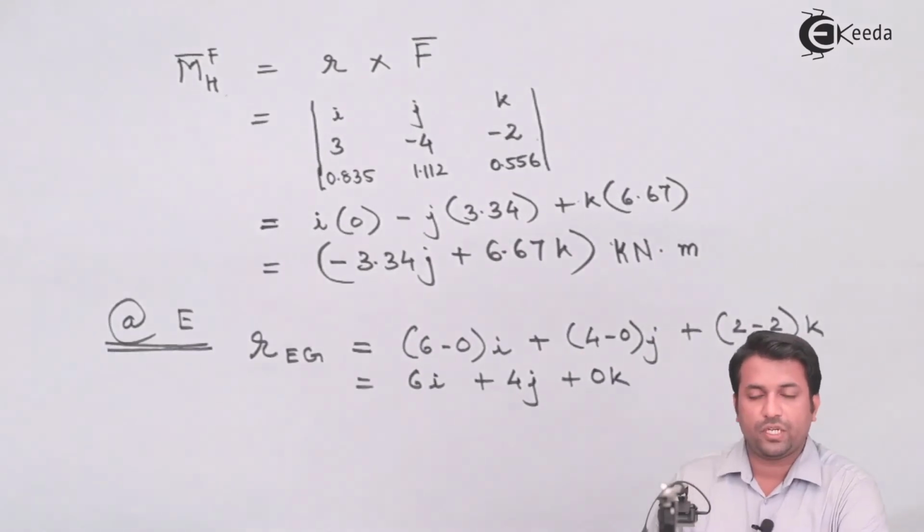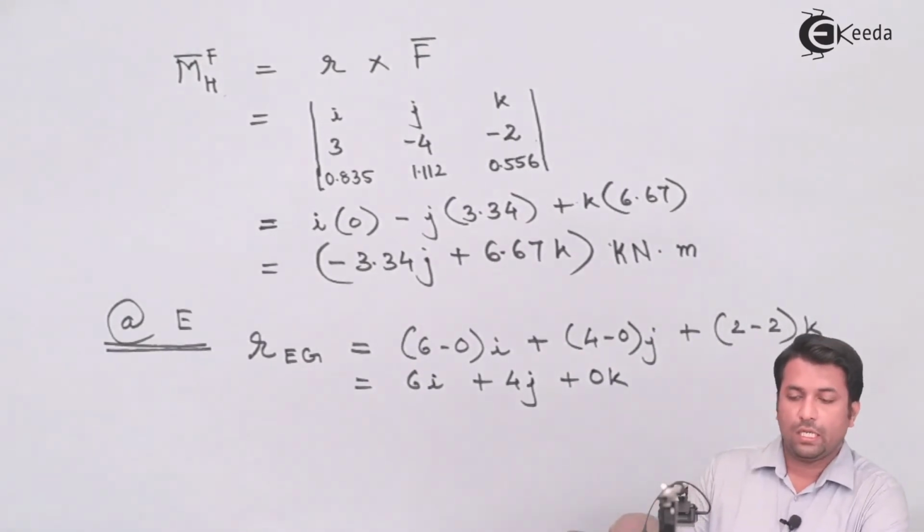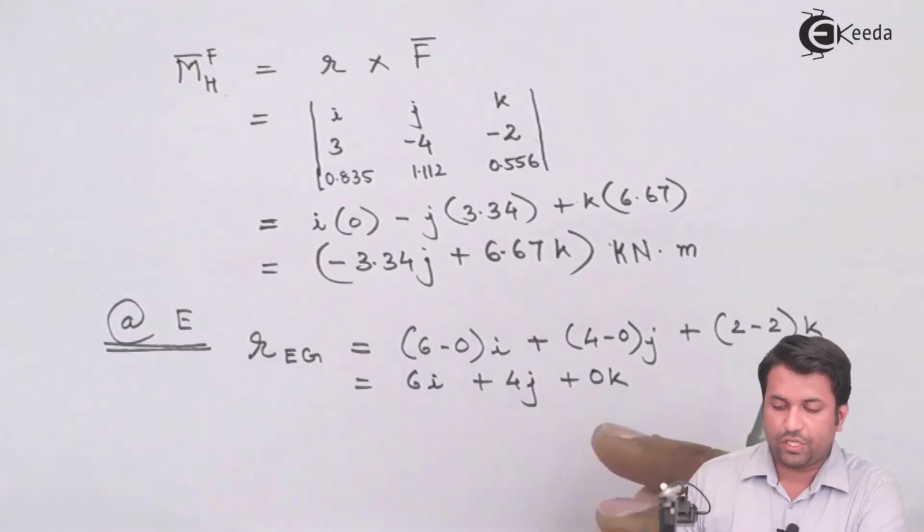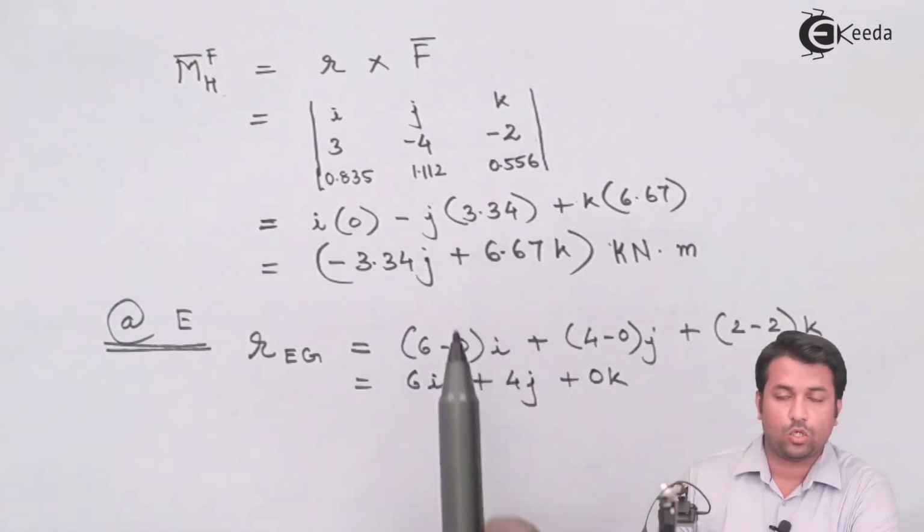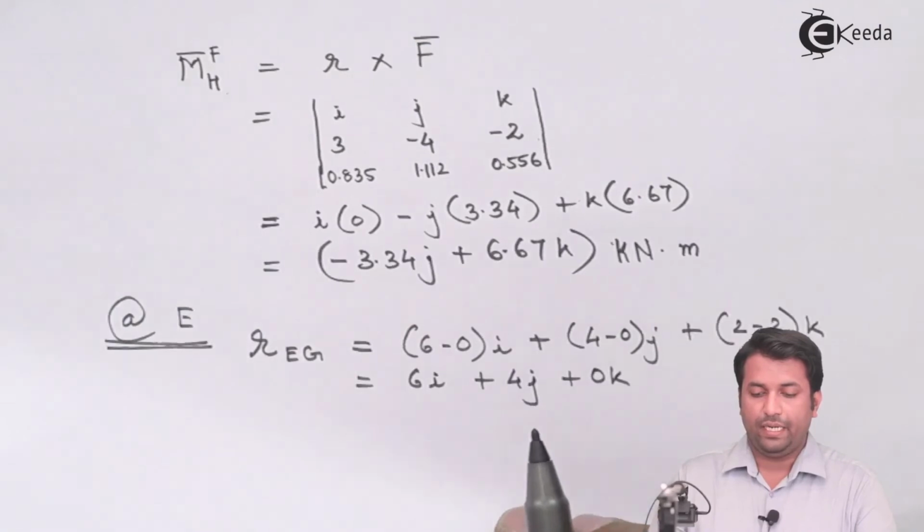So I have got the position vector. All I need to do is put this position vector with the force vector as a cross product and find the moment vector.